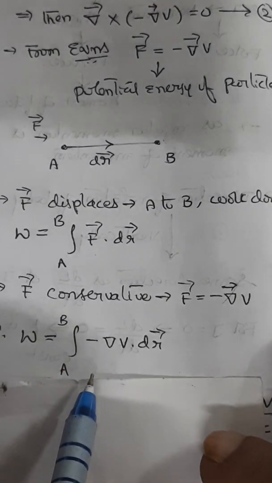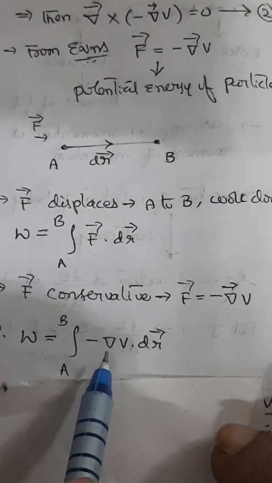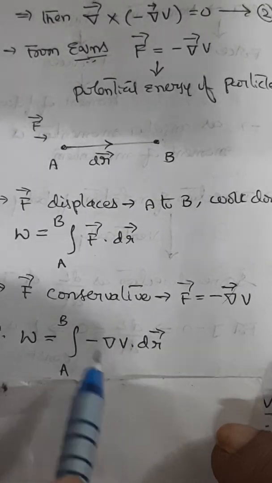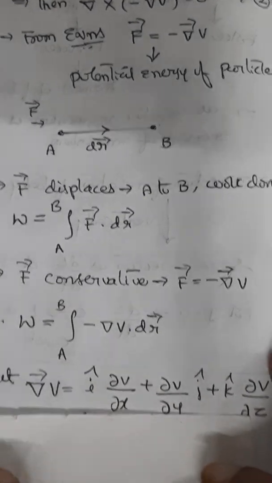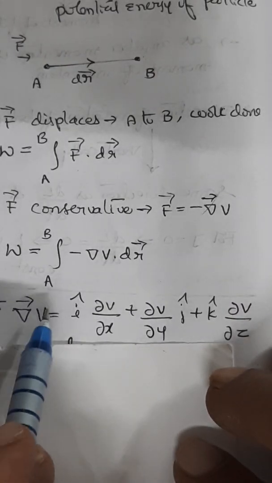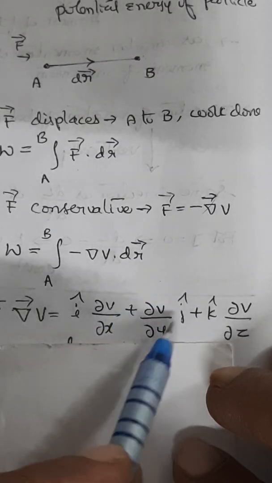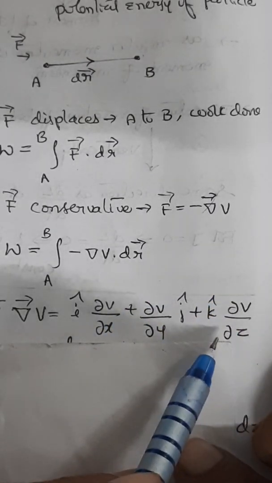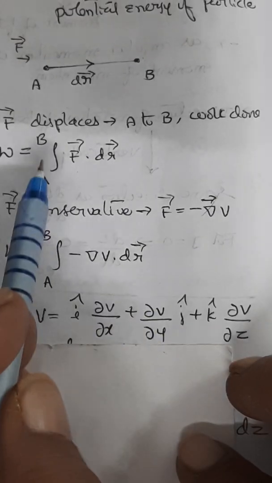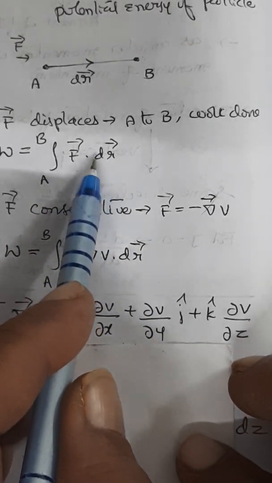In terms of Cartesian coordinate systems, by taking the coordinates as unit vectors i, j, k, del V can be represented like this. Del V can be i cap into dou V by dou x plus j cap into dou V by dou y plus k cap into dou V by dou z. And also this dr, displacement, is a three-dimensional one.